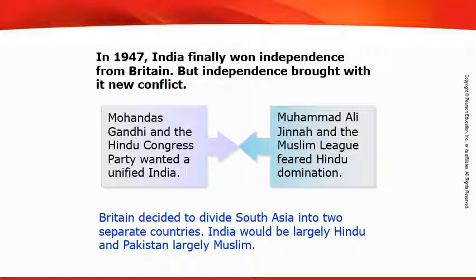On 14th August 1947, India and Pakistan both got independence from Britain on one day, but the independence created one of the world's toughest conflicts, which is still going on.